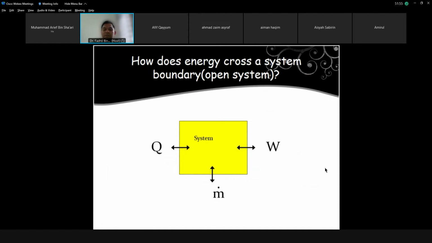Kerja tu adalah salah satu energy. That's why they have energy transported by mass. Daripada situlah datangnya energy transported by mass. Sebab nak masukkan mass ni ke dalam sistem dan nak mengeluarkan mass daripada sistem. Yang Q and W ni memang ada dalam closed system pun ada, dalam open system pun ada Q and W. Okay.